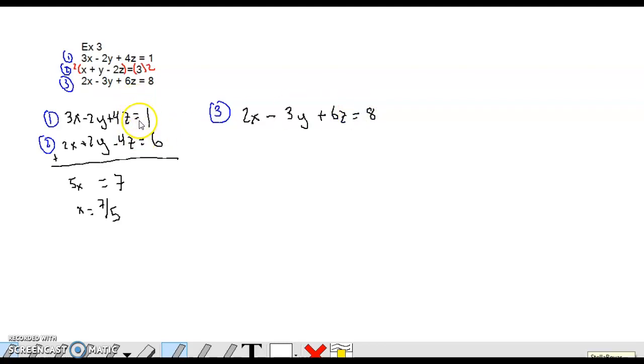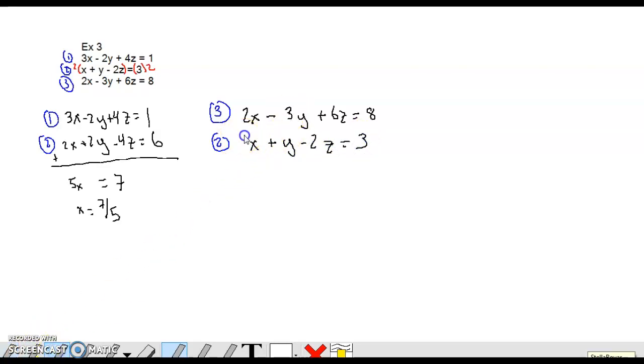This time, I'm going to try to eliminate the z's. Let's see what happens. I'm going to use the second equation. Since I've already used the red, I'm just going to rewrite this equation: x plus y minus 2z is equal to 3.